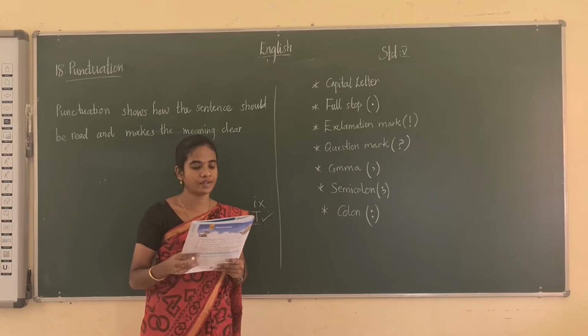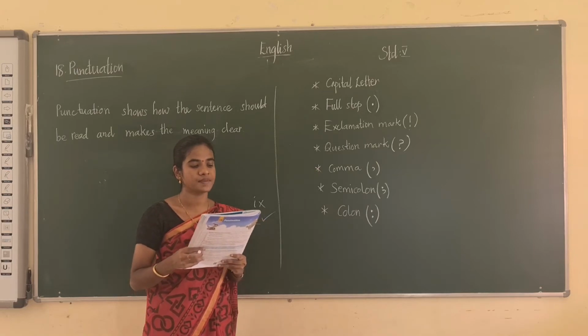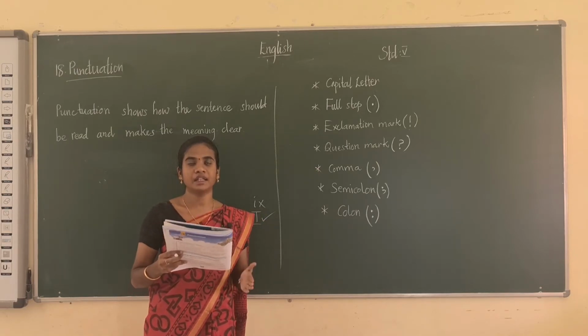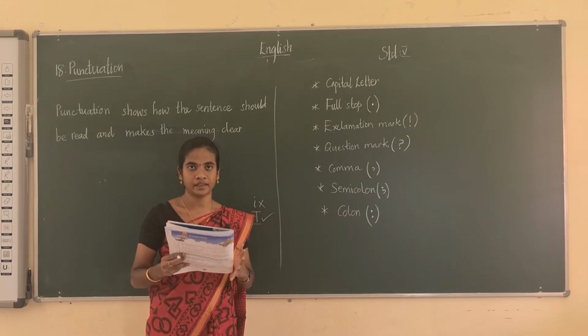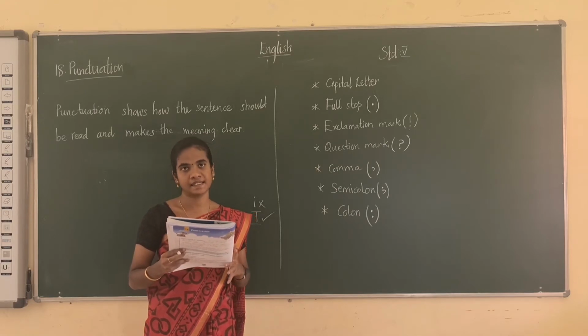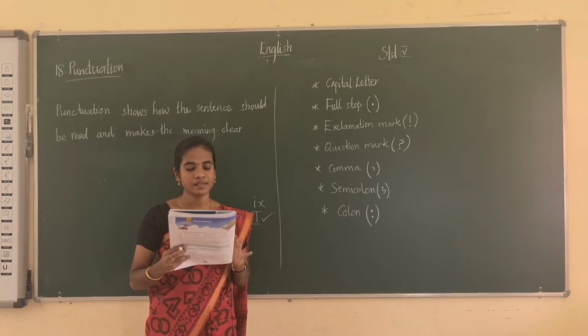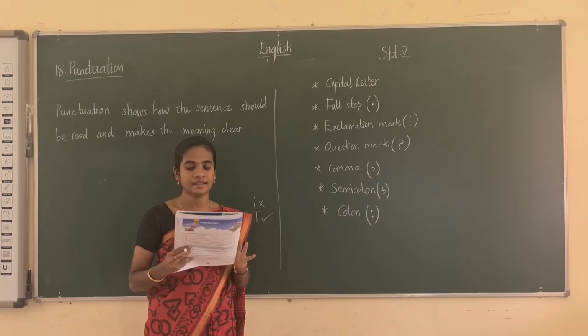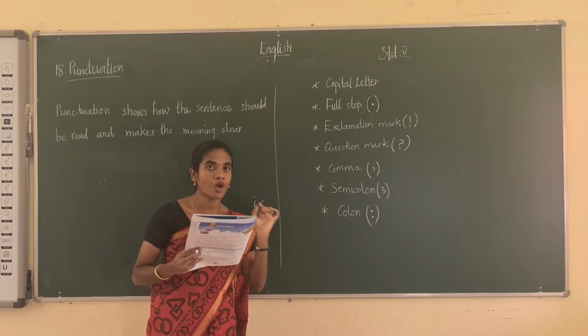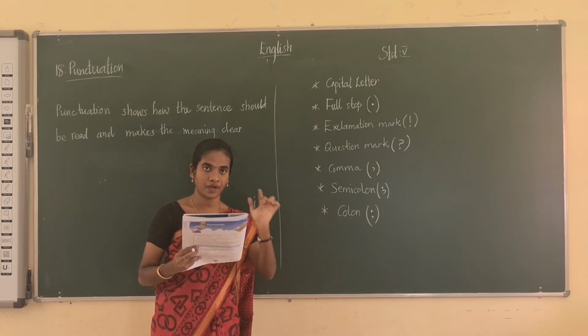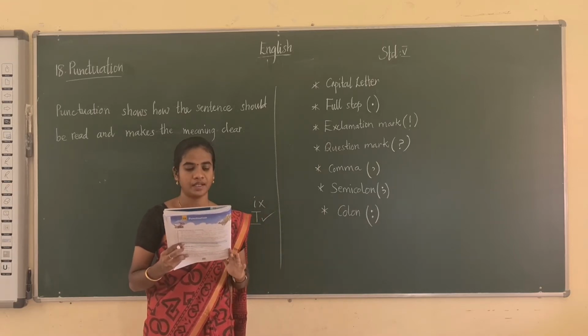See the next one, for titles when used with names. If they are giving a title like Doctor, Mr., Mrs., in that place you have to use the capital letter. For example, Dr. Singh is a renowned surgeon in the town. Here they are giving the title doctor, so you have to write D as a capital letter only.